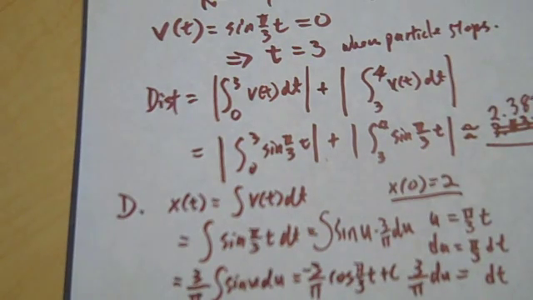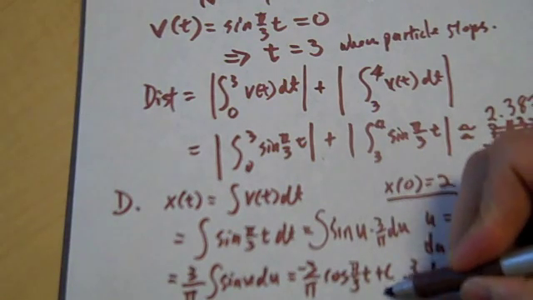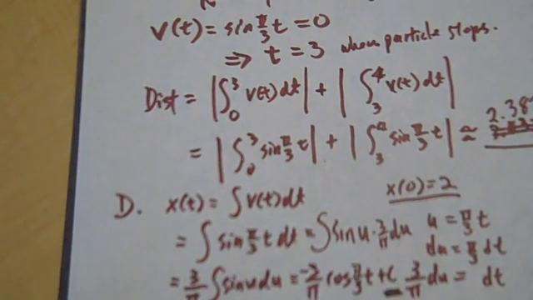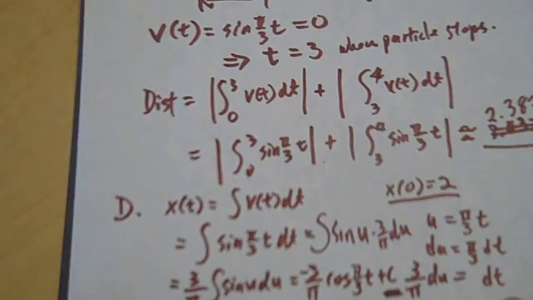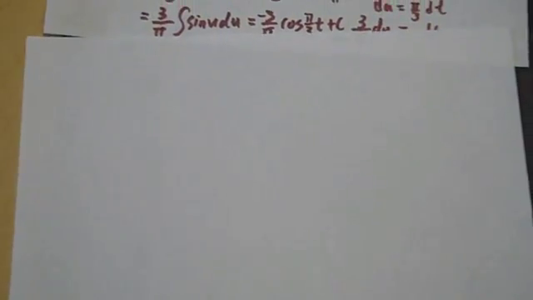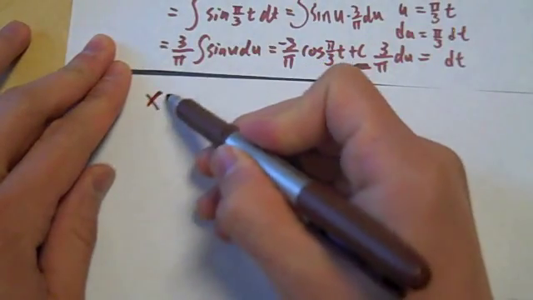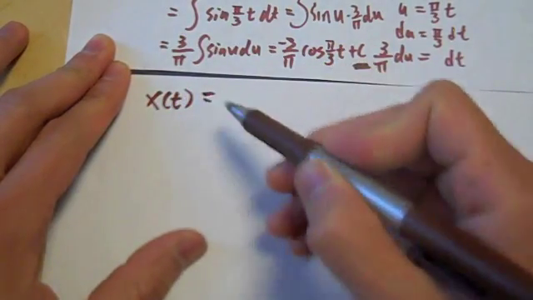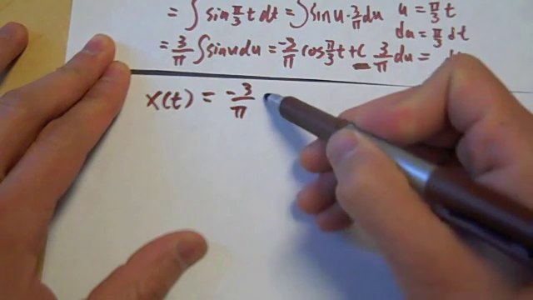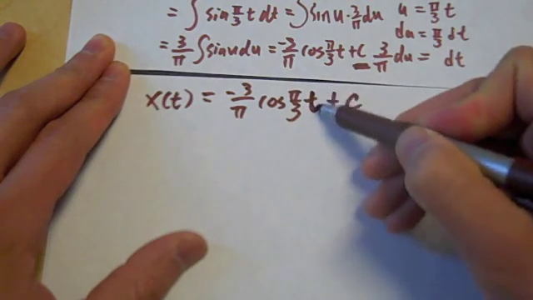So we need to find out what c is. This is very important. So I'm going to go ahead and add another piece of paper so that I can finish this problem. So if we continue, right now we have a position equation, which is a general equation: x of t is equal to negative 3 over pi cosine pi third t plus c.